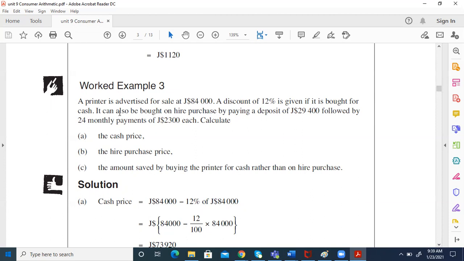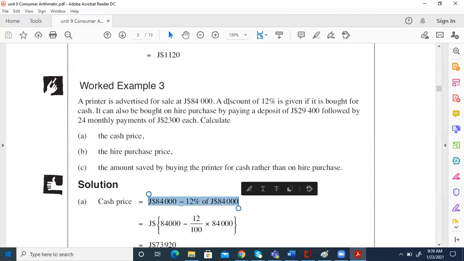So they tell us straight up that if you buy it cash, this is the price that you see on the tag, and then they tell you some things about it. You get 12% discount if you buy this cash right now. So the long way is to take 12% of this and then subtract it from 84,000.